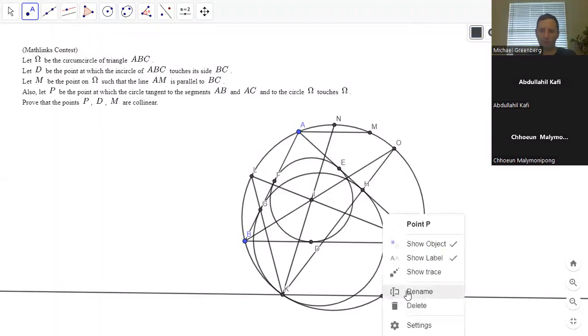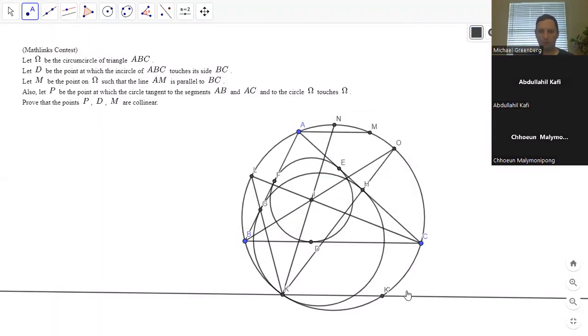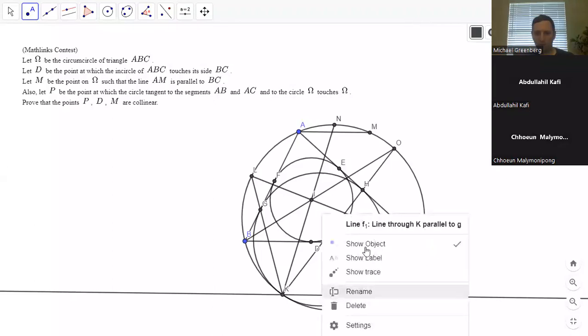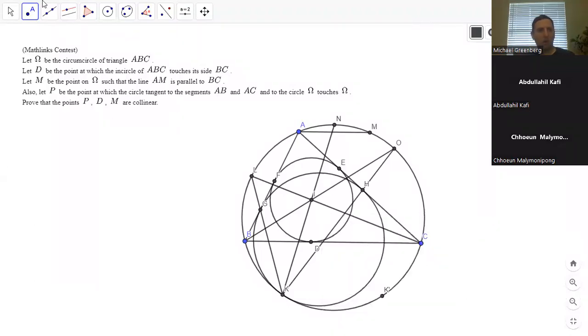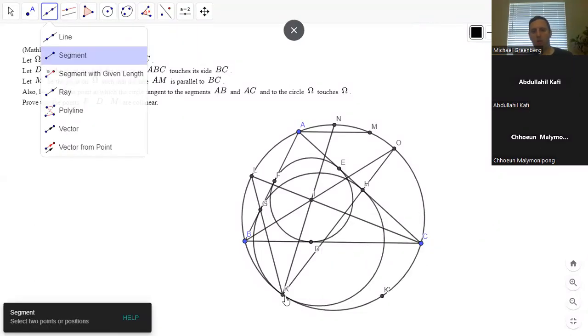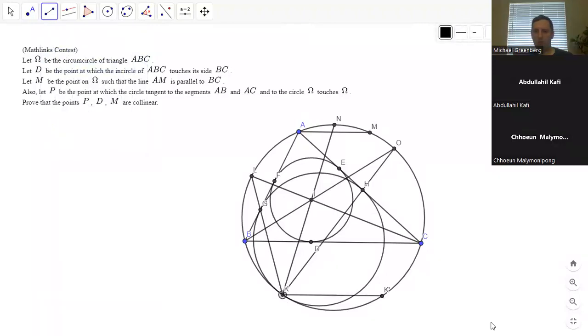K prime. Now AK and AK prime are orthogonal. Yes, I agree.